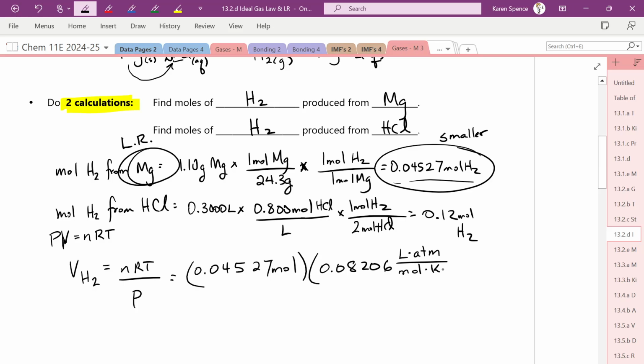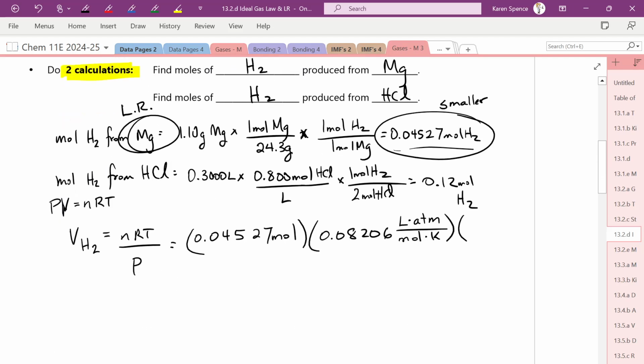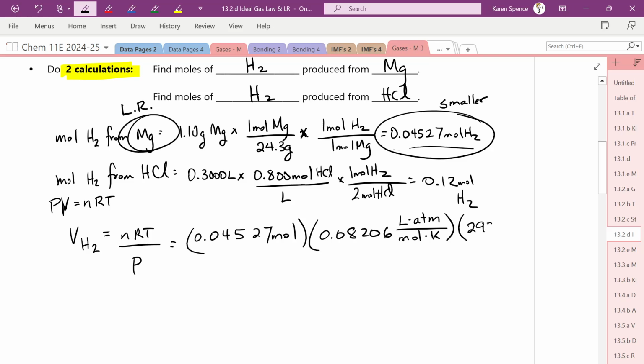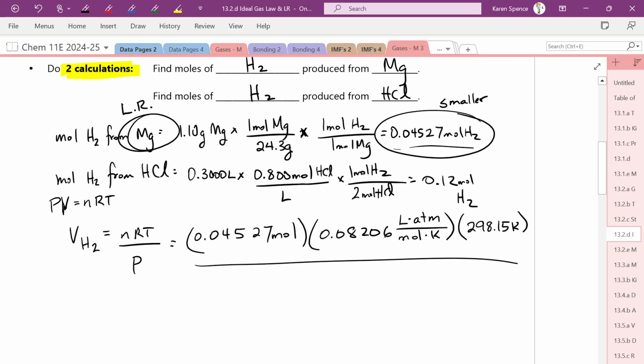And then our temperature, 25 plus 273.15 is 298.15 Kelvin over pressure was 1 atmosphere. Oh, that's nice.